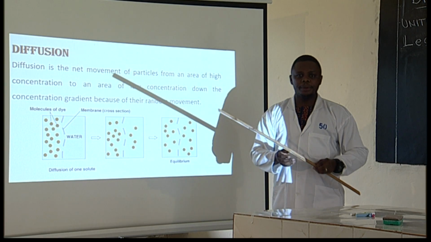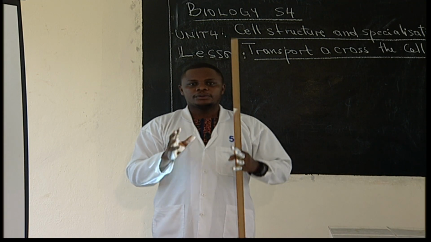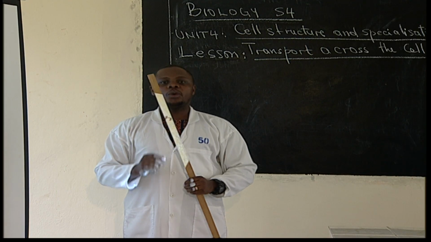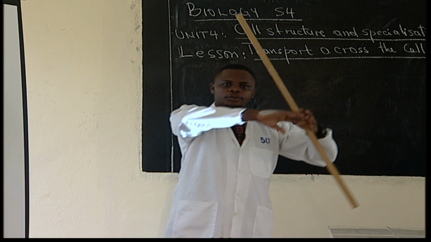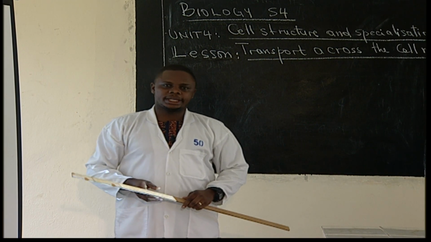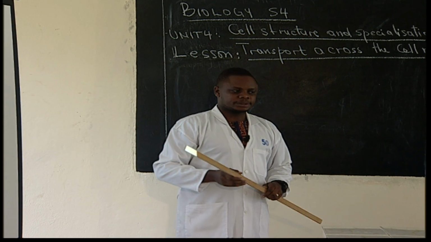And it is very important in cells because molecules or particles move from where there are many to where there are less. Or we can even say they move from where they are produced and go to where they are needed. So that process is called diffusion.